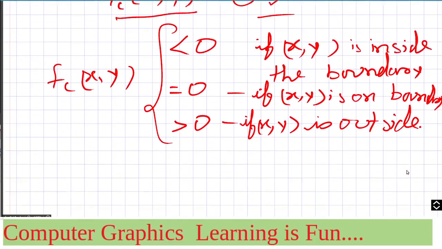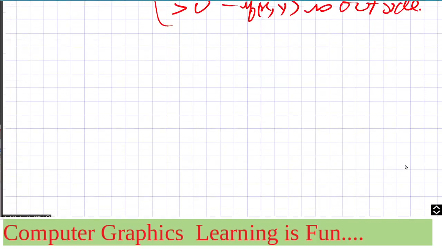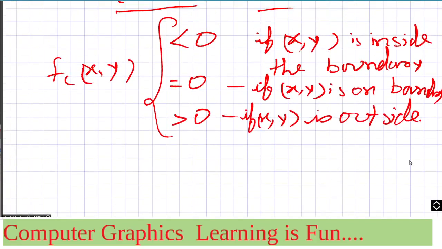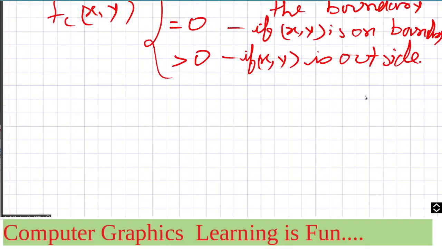So how are you going to proceed? What we have seen is this f(x, y) is less than 0, which means negative, when the pixel is inside, equal to 0 and greater than 0 in these cases.